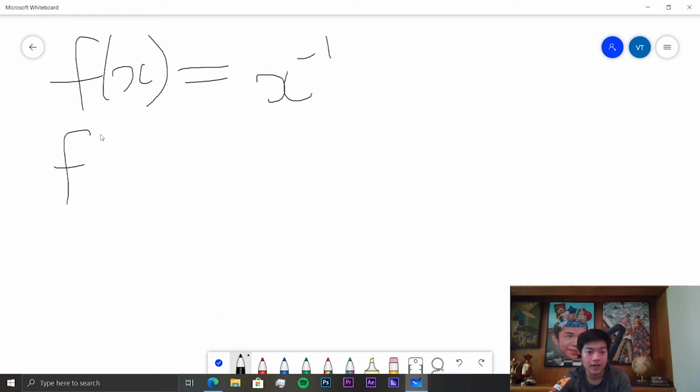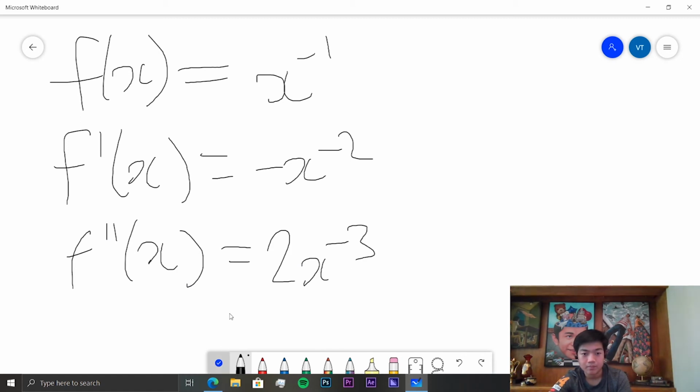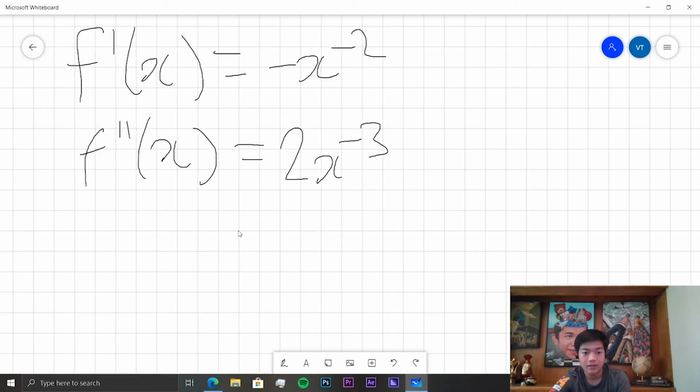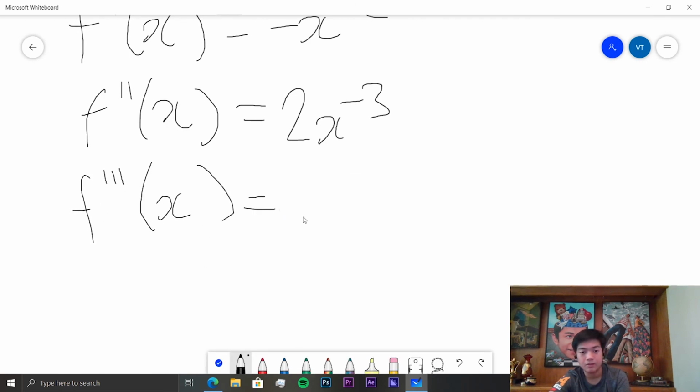And we get f prime, the first derivative, is equal to -x to the -2. The second derivative is equal to 2x to the -3. The third derivative is equal to 6x to the -4.